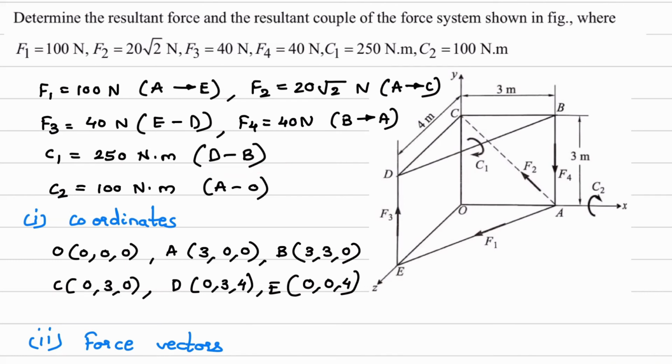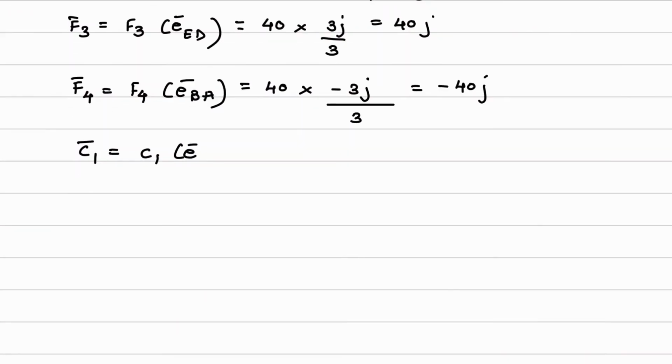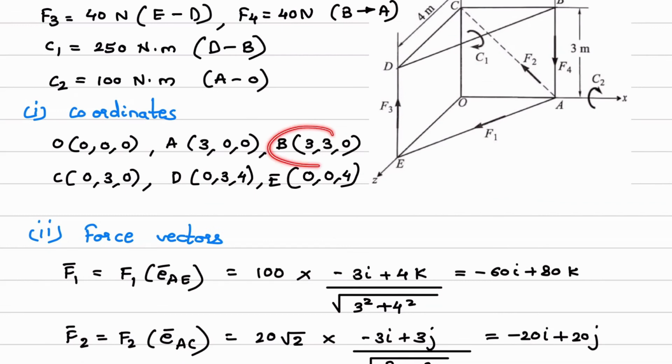D to B. So this will be the DB vector upon the magnitude of the DB vector, so it will be B minus D. The C1 value is 250 Newton meter multiplied by B minus D. So 3 minus 0, 3i; 3 minus 3, 0j; and minus 4k.